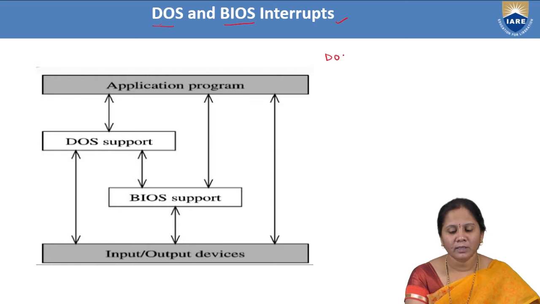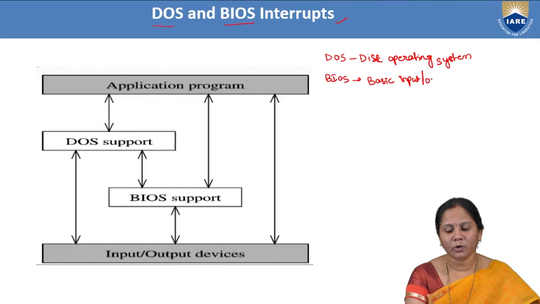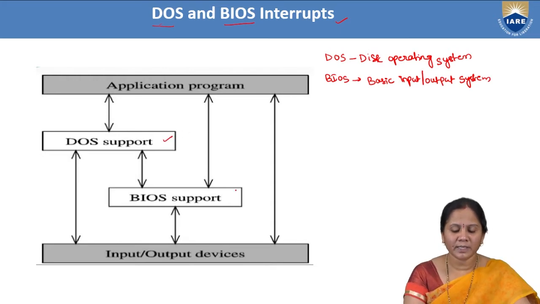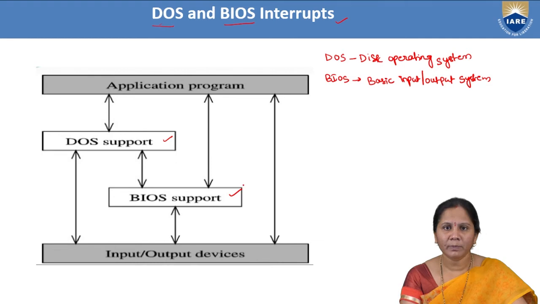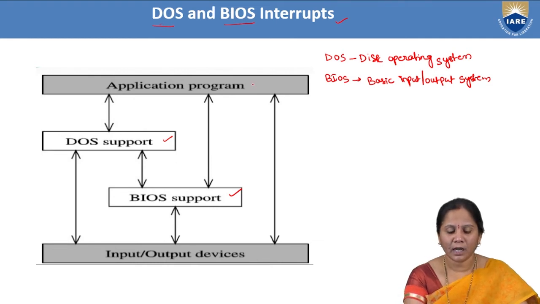So the DOS represents disk operating system, and the next type of interrupts, BIOS interrupts, where BIOS represents basic input output system. So these DOS interrupts and BIOS interrupts will be accessing the application program and input output devices.